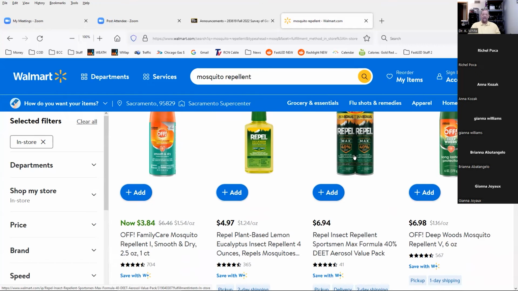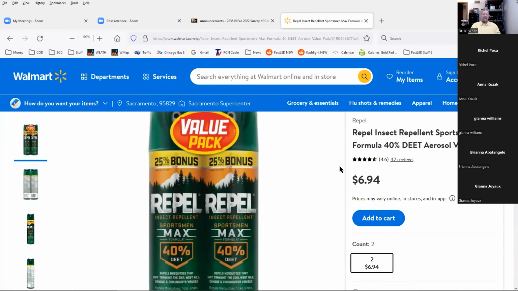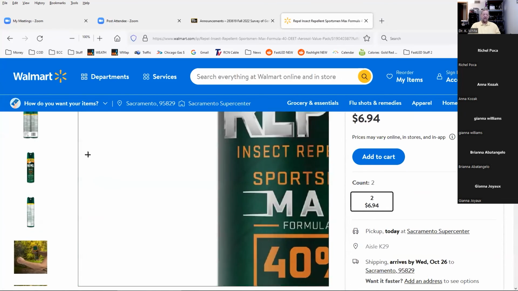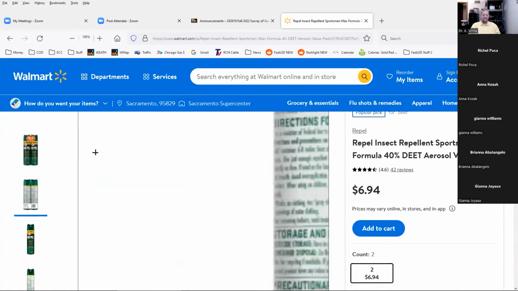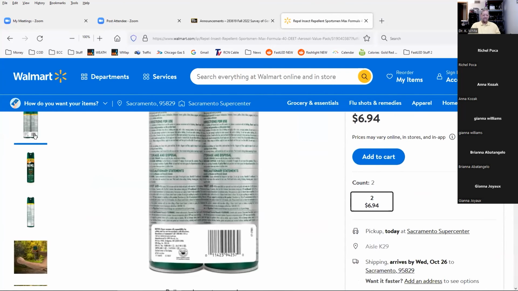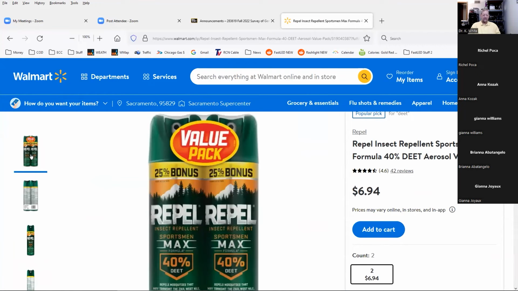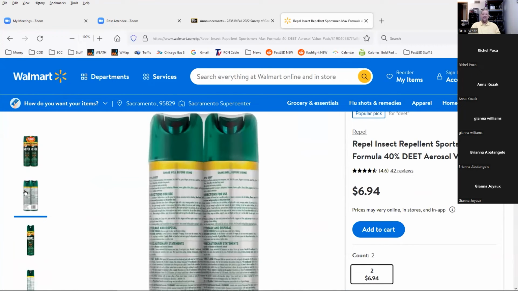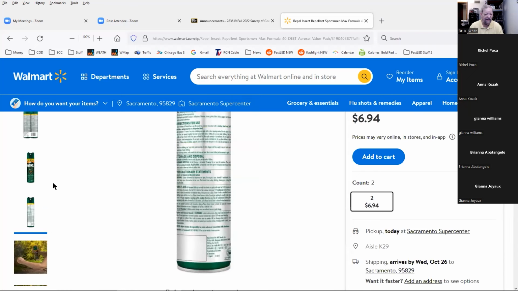Now, I know that the active ingredient in any mosquito spray is DEET, an acronym for diethyl-ethyl-toluamide, because I'm an organic chemist.